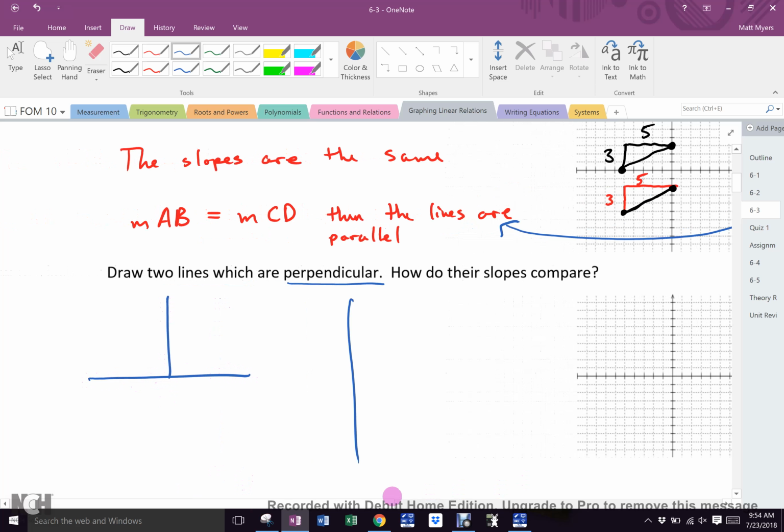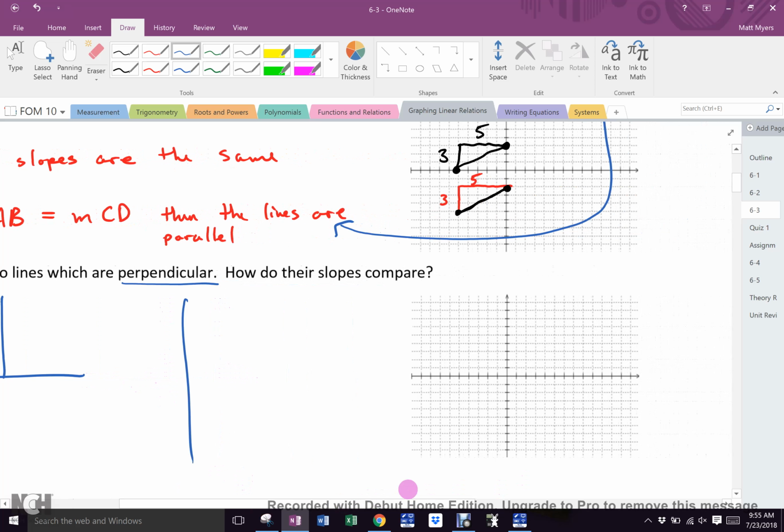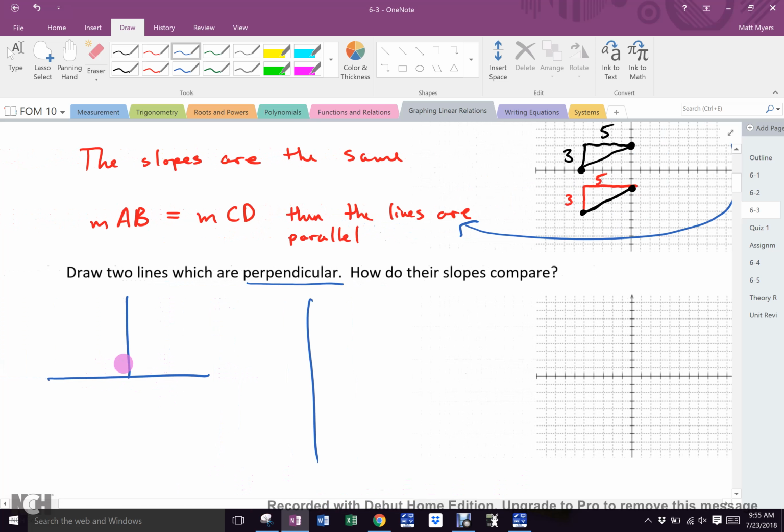So let's come over to here, and let's draw the line, and we're going to use blue. We're going to draw the line x equals -3 and y equals 3. So where do I put x equals -3? 1, 2, 3. And since it's always -3, it must be a vertical line. Does everyone agree? Okay.